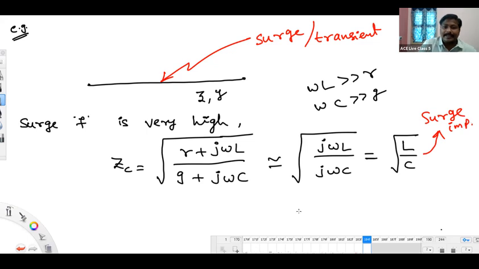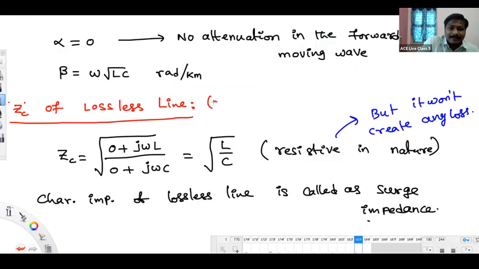Please kindly relate these things. Same formula, same number, root of L by C, we are getting under steady state operation also, when resistance and shunt conductance values are 0, particularly for a lossless line.